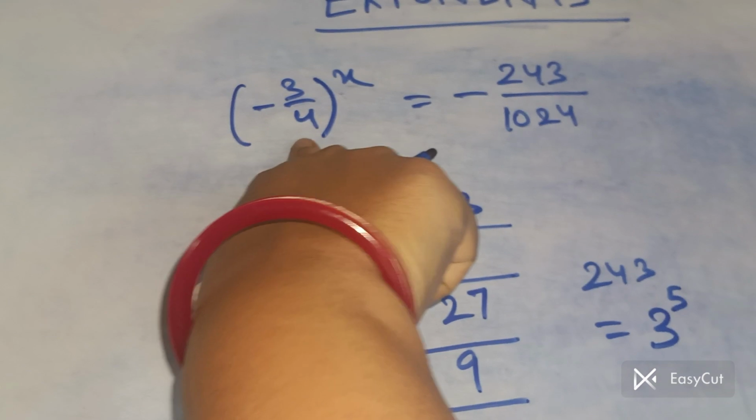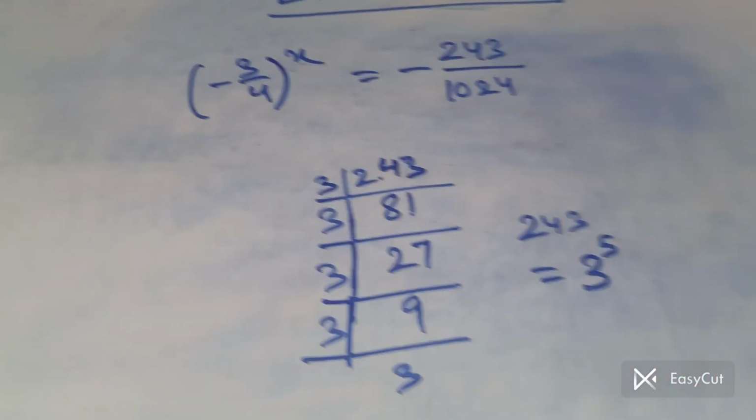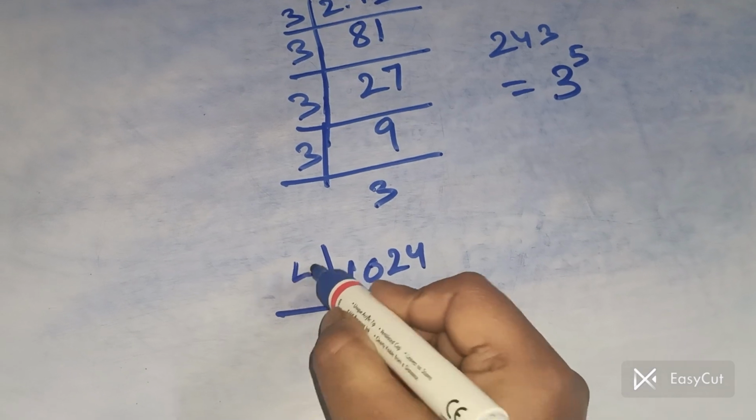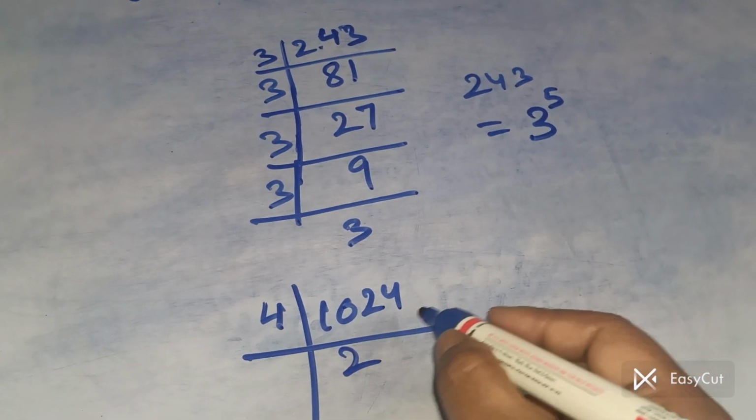See, here the denominator is 4. We will also write it as a power of 4. So let's see whether it will divide by 4 or not.